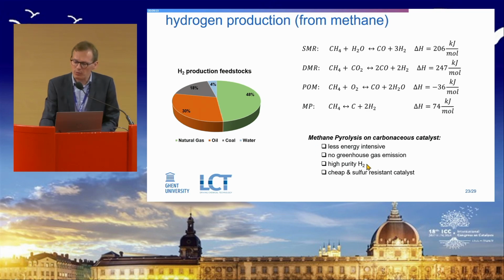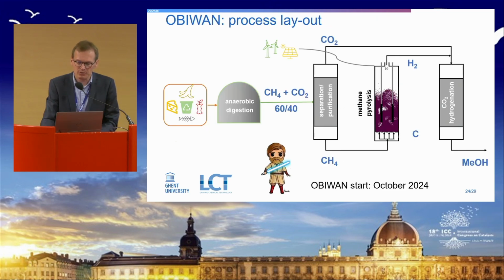The hydrogen which can come out of methane pyrolysis can be quite pure. And when it comes to a potential catalyst, typically for methane pyrolysis, when making use of a catalyst, it can be cheap and will be easily sulfur resistant. So that is then how the Obi-Wan project layout will look.